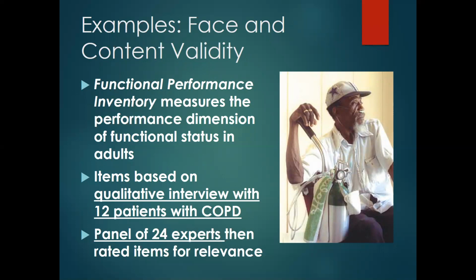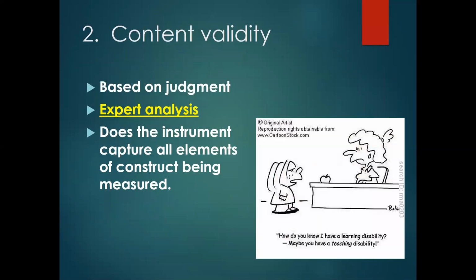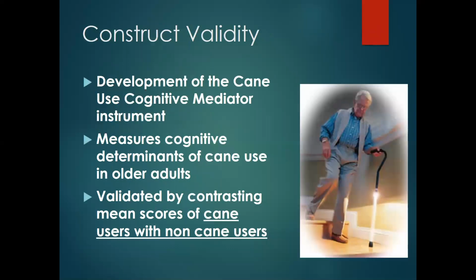So what we see here is the items based on something, a lived experience, and then items rated by experts. So what we have is face validity. The qualitative work created face validity for the instrument, but then there's also content validity because of the expert analysis of the instrument. Okay, let's look at this one, construct validity.